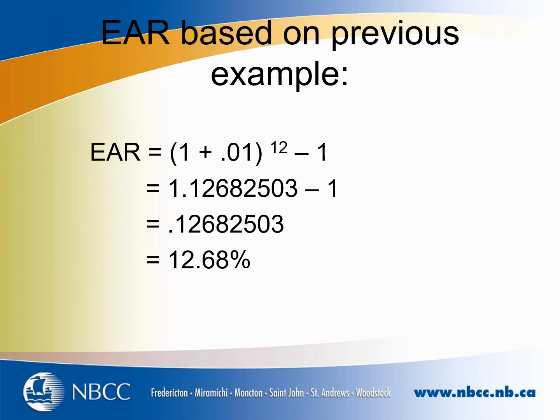So for our 1% per month example, we would calculate the effective annual return as 1 plus 0.01 for 1%, to the power of 12, because there are 12 one-month periods in a year, minus 1. So this equals 12.68%. Because the effective annual return takes into consideration compounding, it will always be higher than the annual percentage return on any investment.